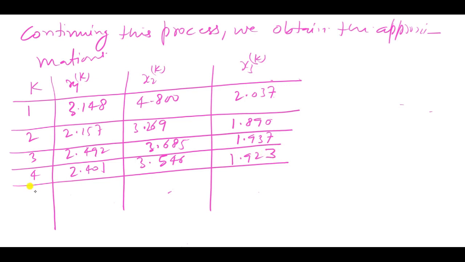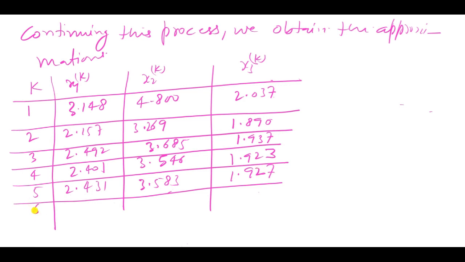Now k is equal to 5, then x15 is 2.431, x25 is 3.583, and x35 is 1.927.